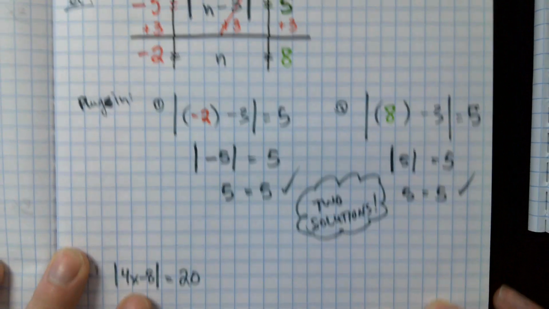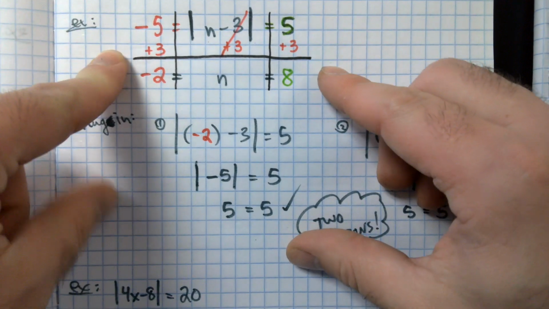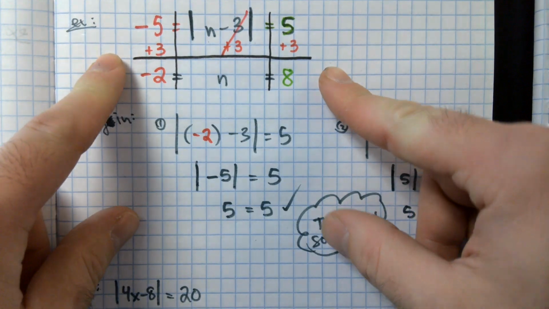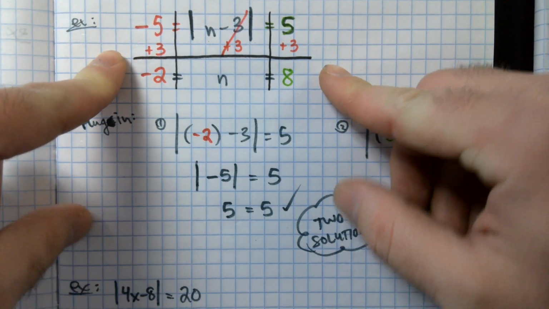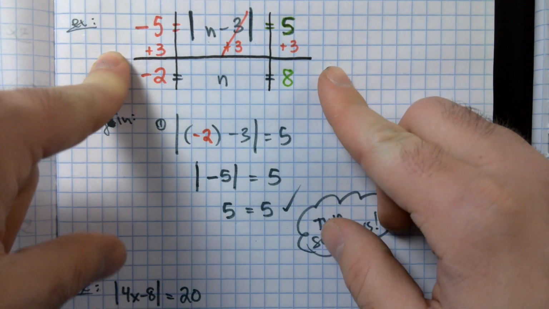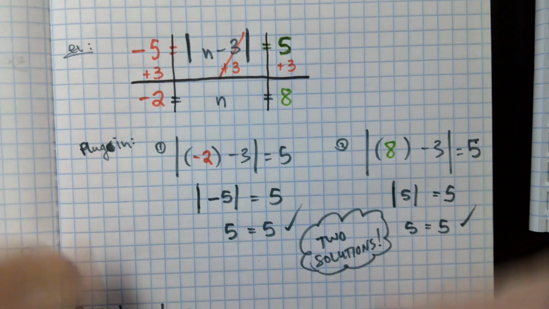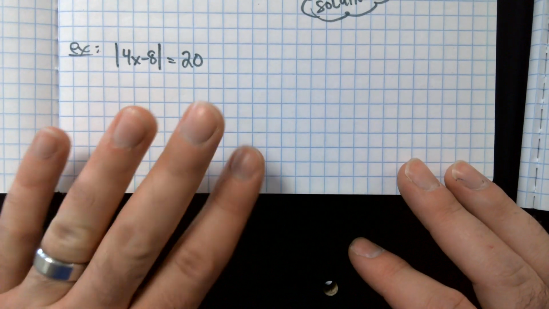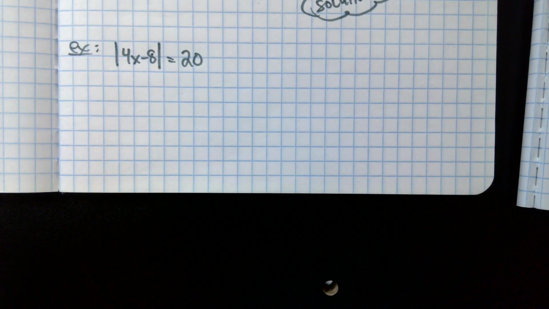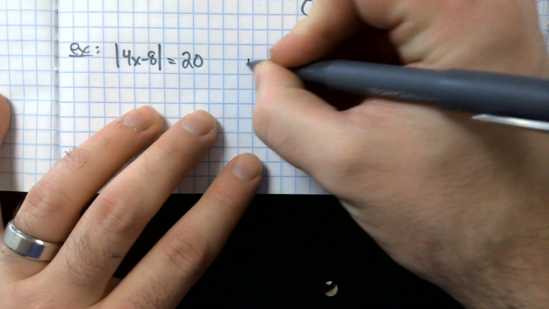Now, this method here, some of you may be like, oh, that's super easy, that's very straightforward, I get how to do that. Perfect. Do that. Some of us look at this and go, I have no idea what's going on there. So this is just an alternative way. It doesn't necessarily mean it's easier or harder.